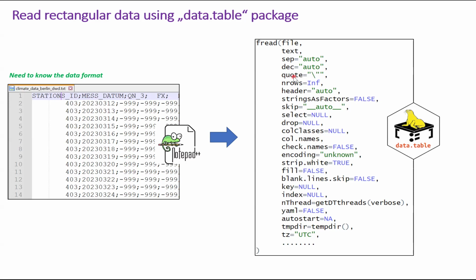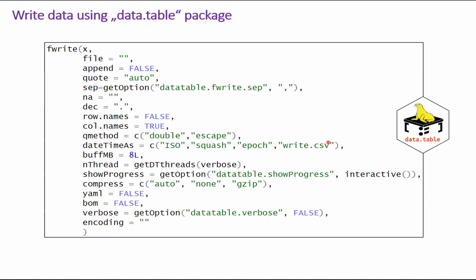Then I can use the fread function of the data.table package, and I tell this function the format of our data by supplying the arguments here. And to write the data, we can also customize our writing output, and I will show you now.